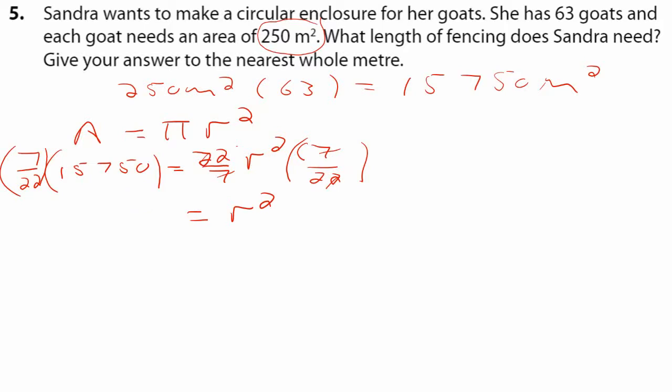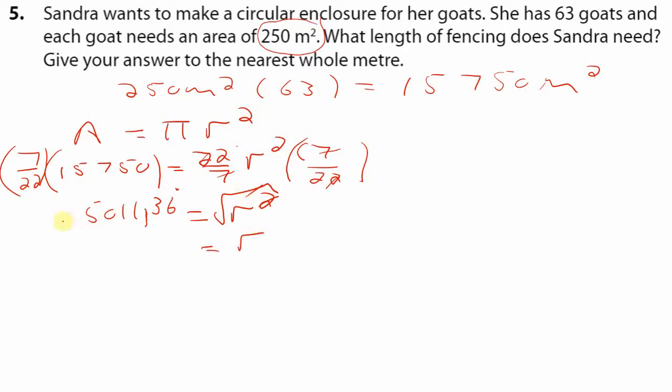We can take the 15,750, multiply by 7, divide by 22. We will obtain 5011,36 recurring. And now we don't want radius square, we simply want radius, so the opposite of a square is a square root, so that they cancel, so that we simply have radius.